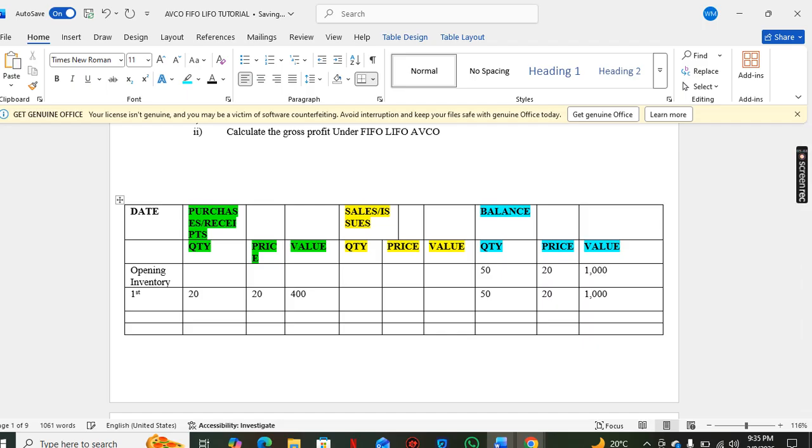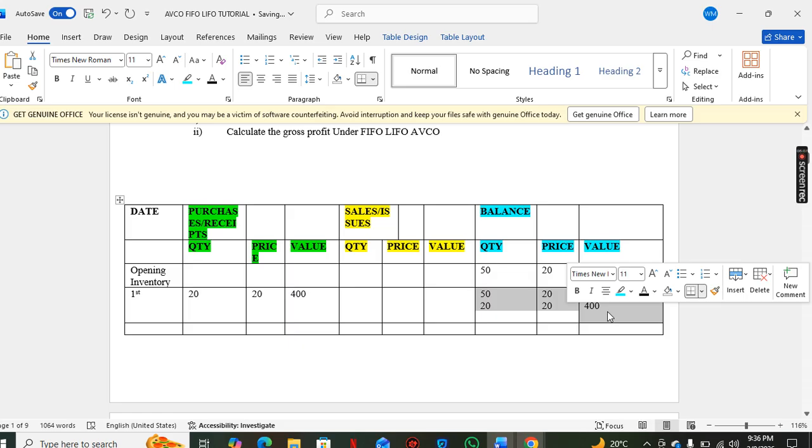Then you bring in 20 units, valued at 20 kwacha, 20 times 20, 400 kwacha. So this is how I've separated the inventory here.